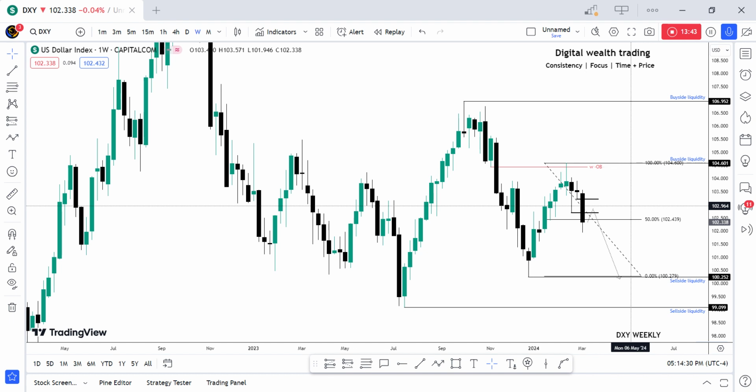Everything around the DXY is showing weakness, and if the DXY is showing weakness, which other currency will be going higher? Even gold. If you trade gold, go and look. Gold will be going higher currently. So this is a well determined price move on both the DXY and the Euro market.